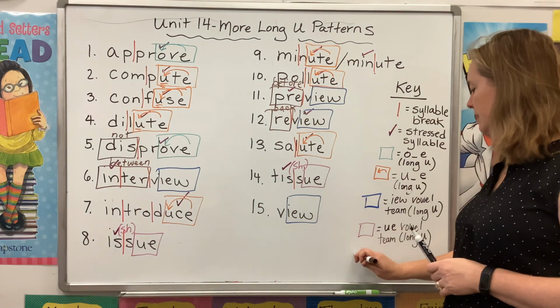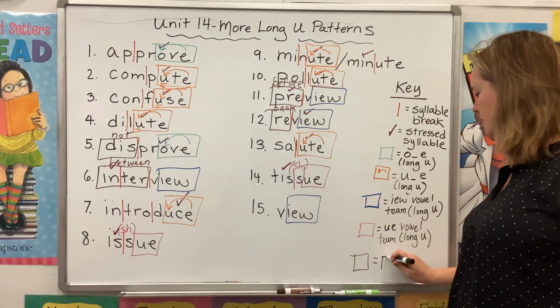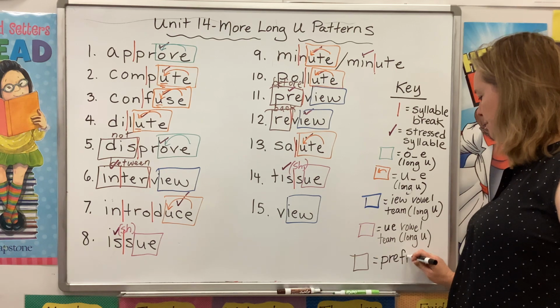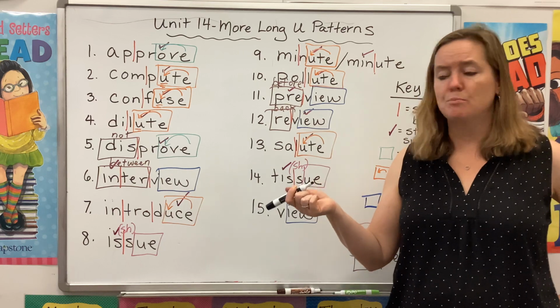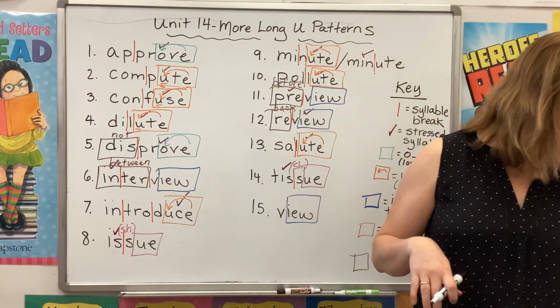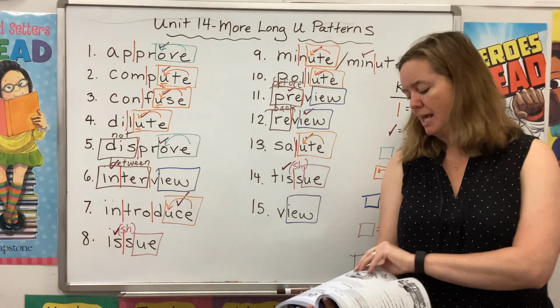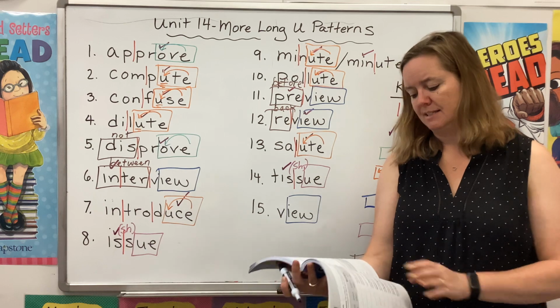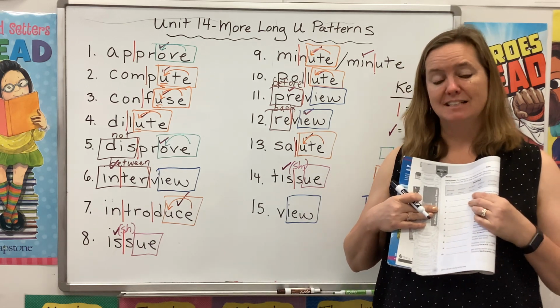So over here, brown box equals prefix. So I showed you some examples. There are definitely other prefixes in our list, but we're not going to worry about them today. But when you get to page 92, there are two prefixes in particular that you're going to work on, and they are opposites.